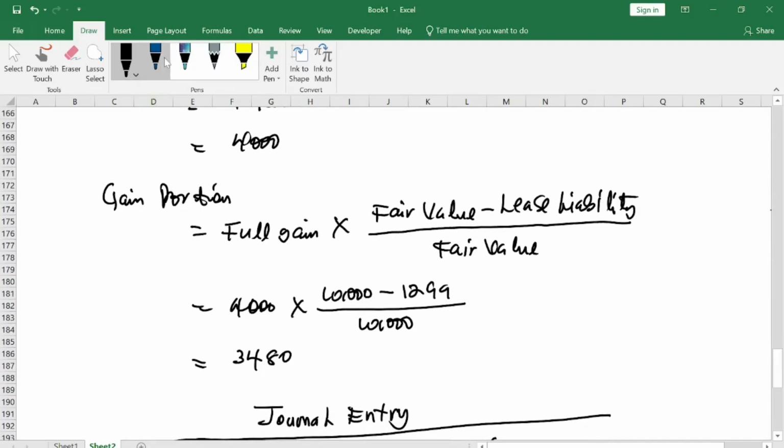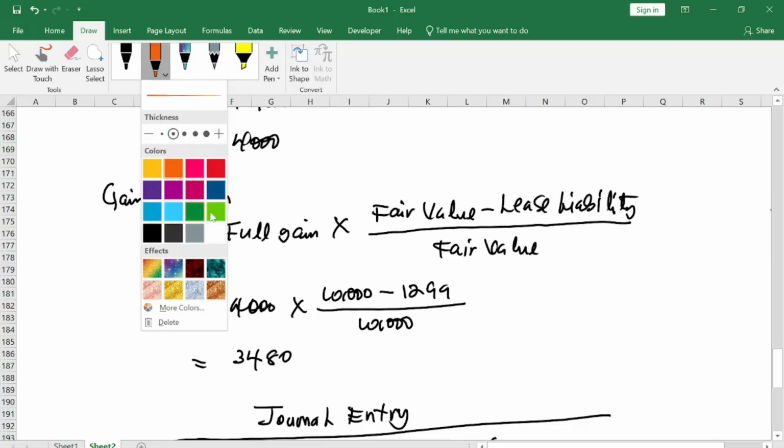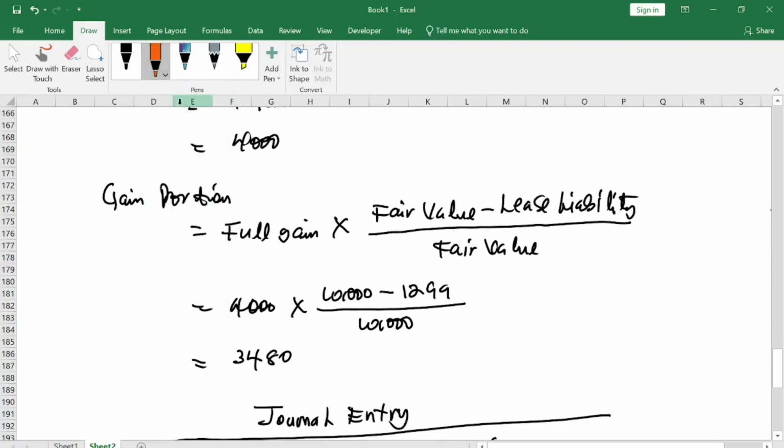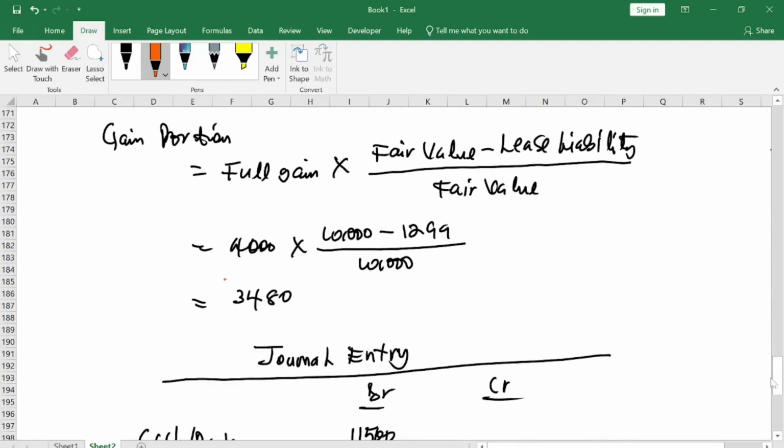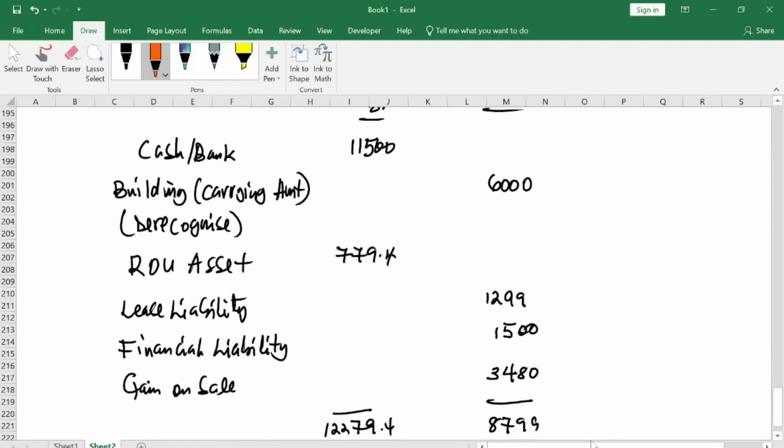So if you are mindful, you can decide not to even use the formula to determine gain on sale. You can use the journal entry to determine your gain on sale. That is it about the journal entry.